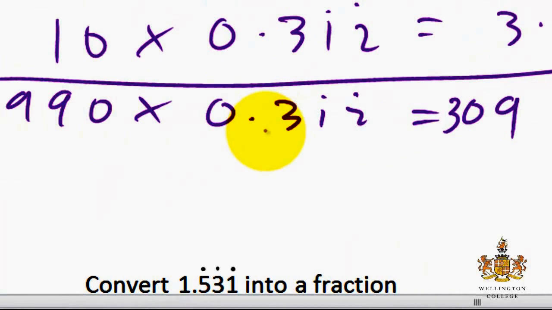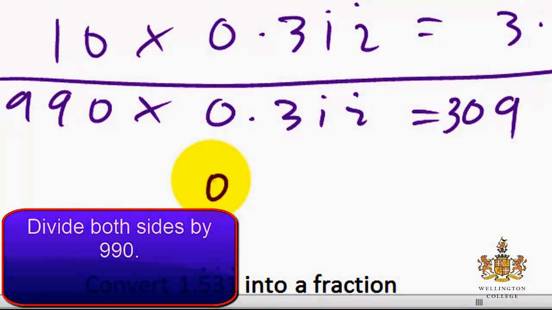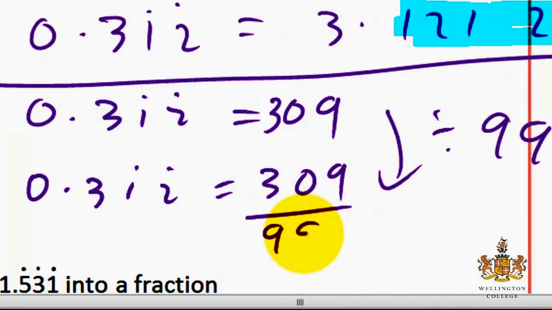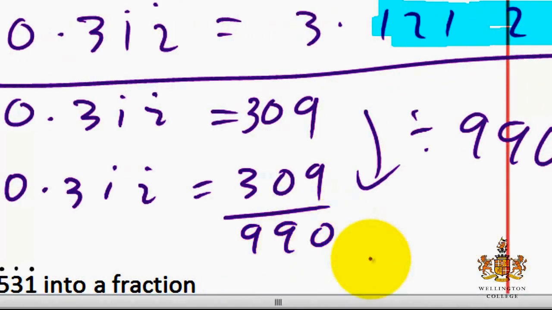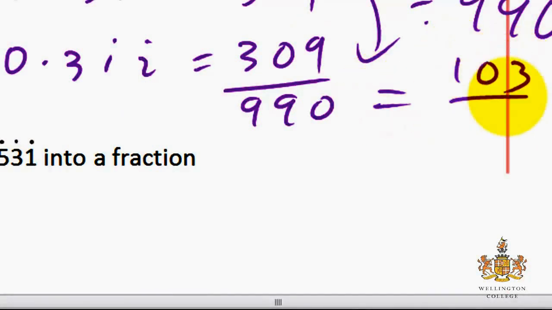So therefore we've got 990 lots equals this, so we divide both sides by 990. We get 0.312 equals 309 over 990, which equals 103 over 330.